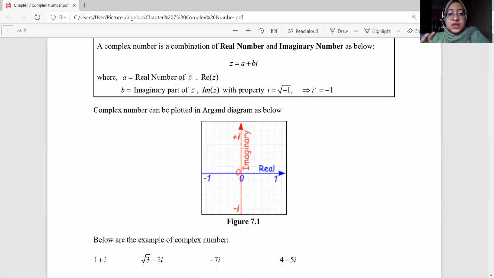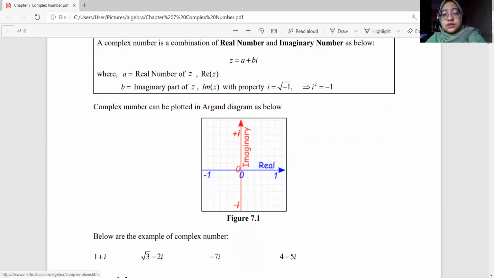You can see where the imaginary number and the real number are in this diagram.